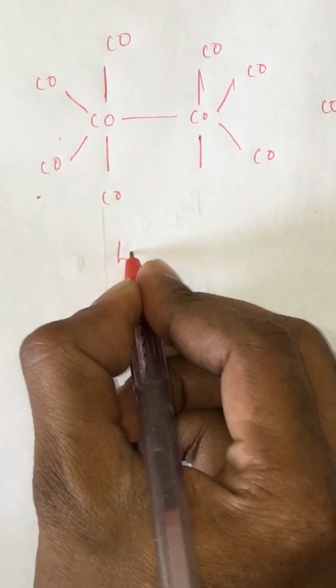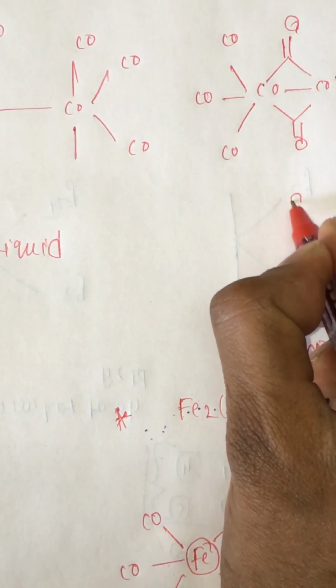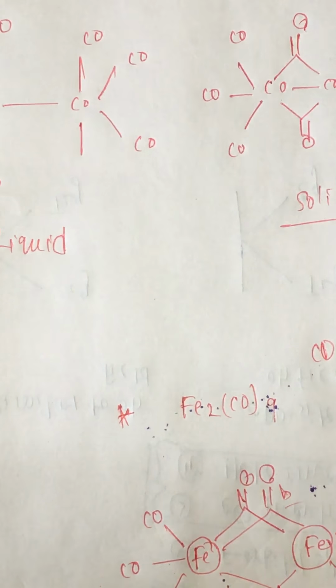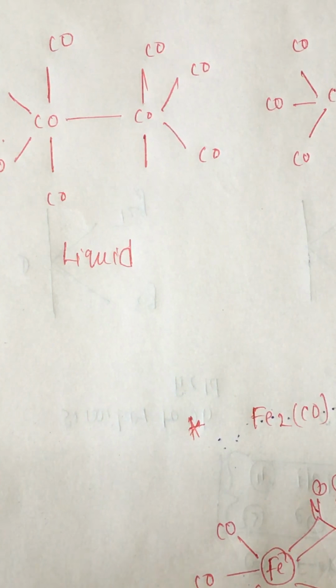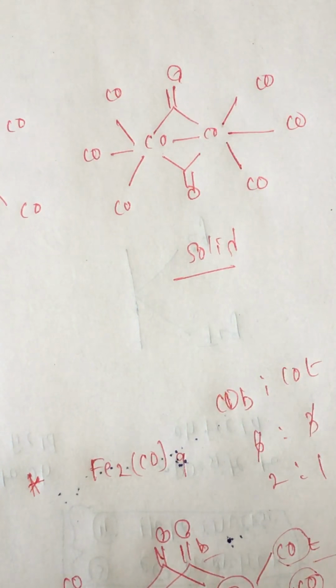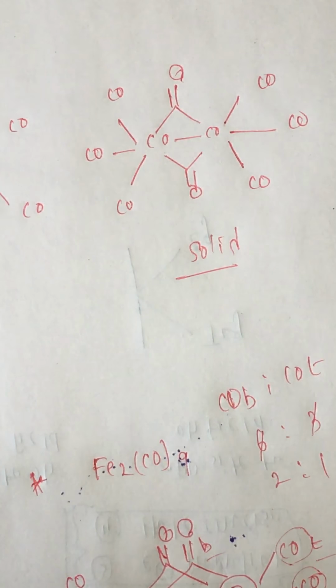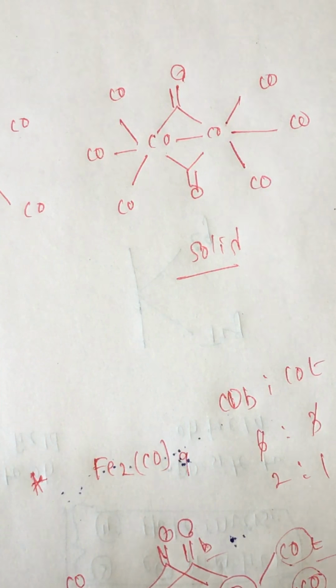So this is in the liquid state and this is in the solid state. In the liquid state all carbonyl groups are terminal, whereas in the solid state two carbonyl groups are bridging and the remaining are terminal carbonyl groups.